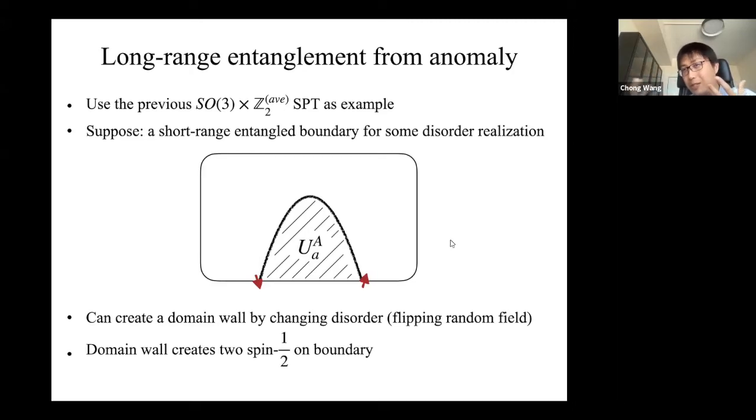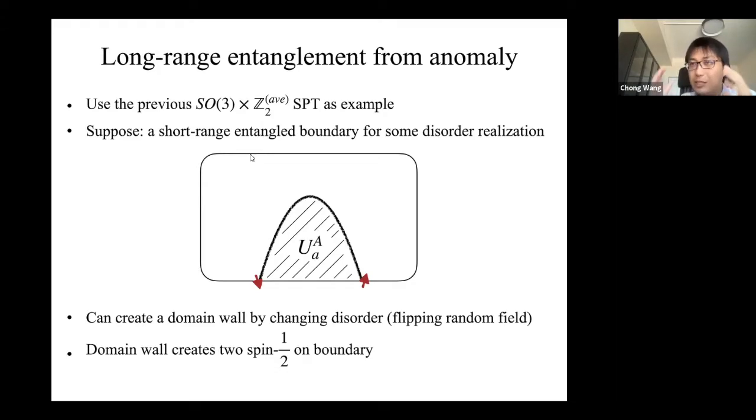So what about the disorder case? What about the average symmetry? Does the average symmetry anomaly have similar power? The answer is basically yes, but let's use this previous SO3 cross Z2 average SPT as an example. Everything I was talking about for the bulk was for the system put on a space without boundary.